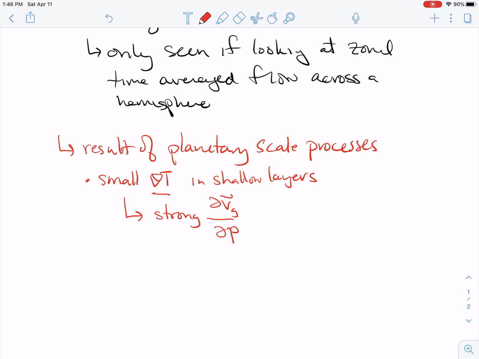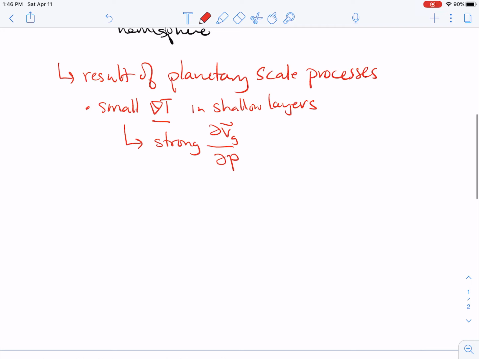It turns out that at lower latitudes, we also have low values of the Coriolis parameter, f.